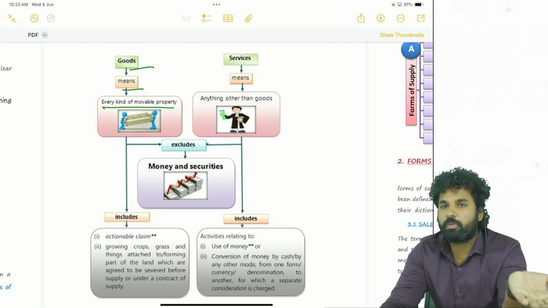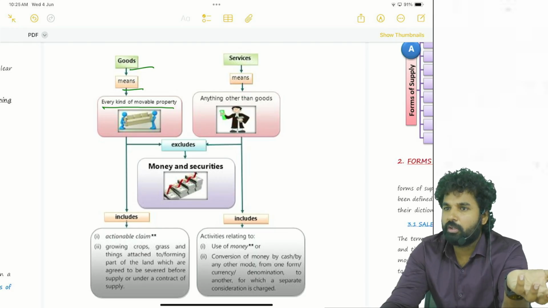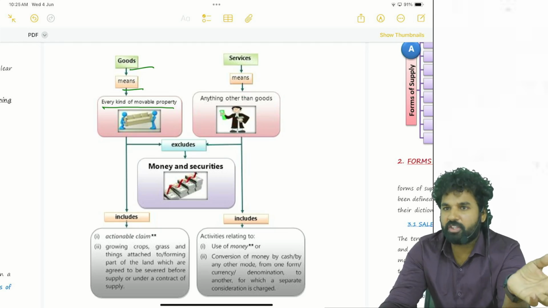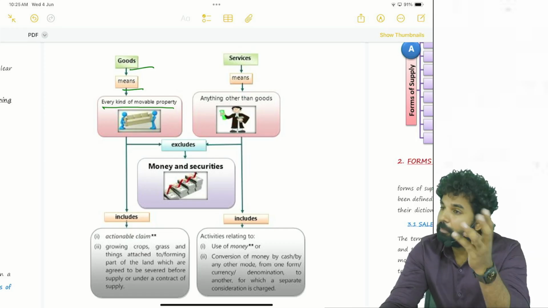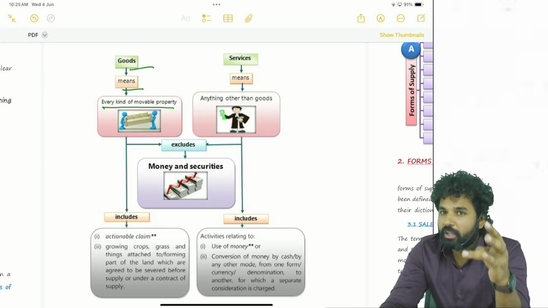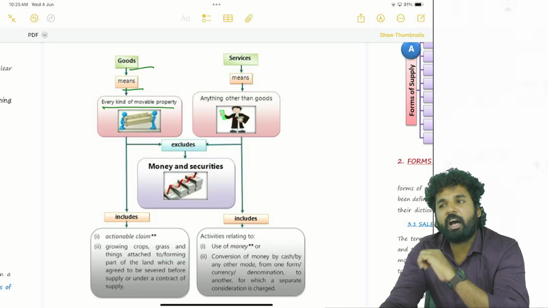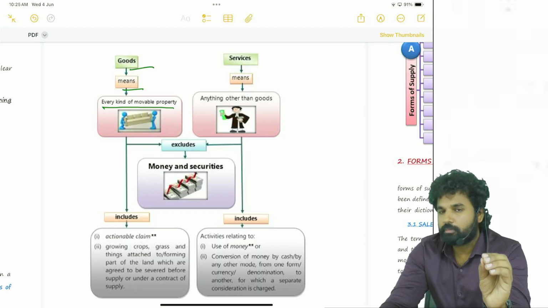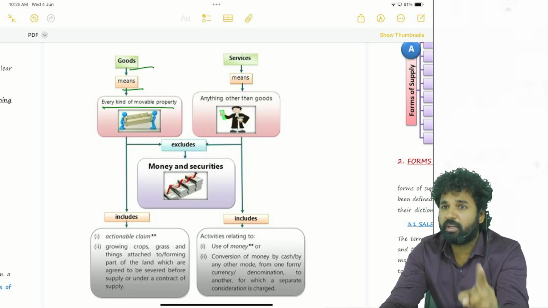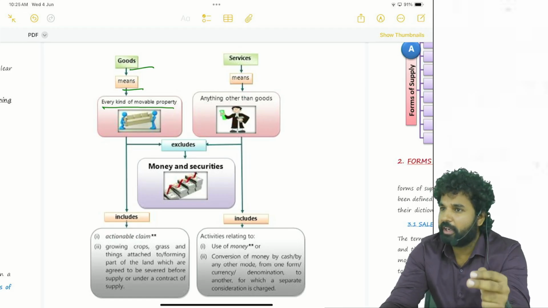That means growing crops can also be considered as goods, future goods. But immovable property cannot be considered as goods. Money cannot be considered as goods. Securities cannot be considered as goods. Likewise, services means anything other than goods, but it shall exclude money and securities.